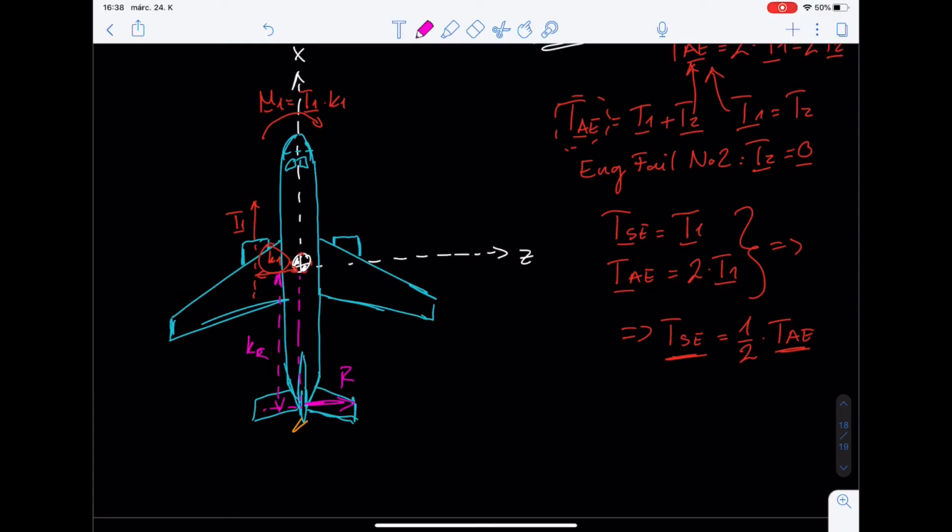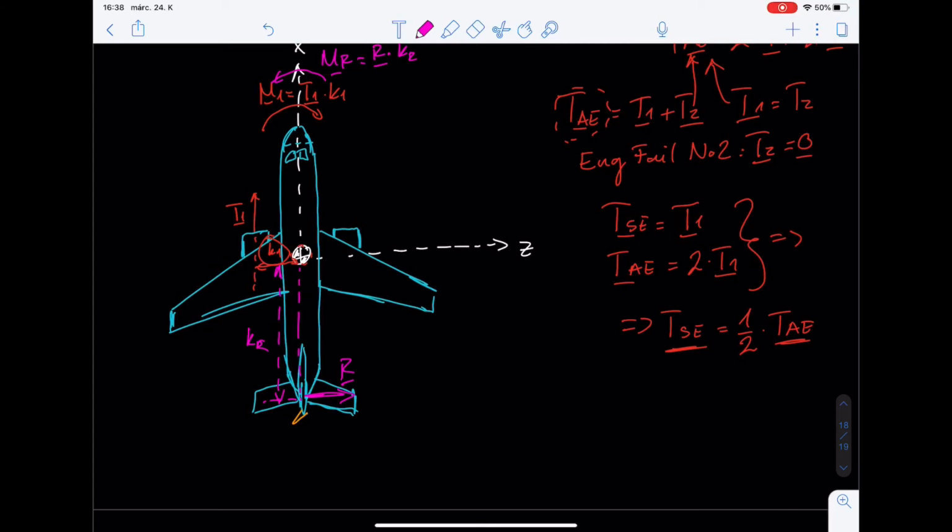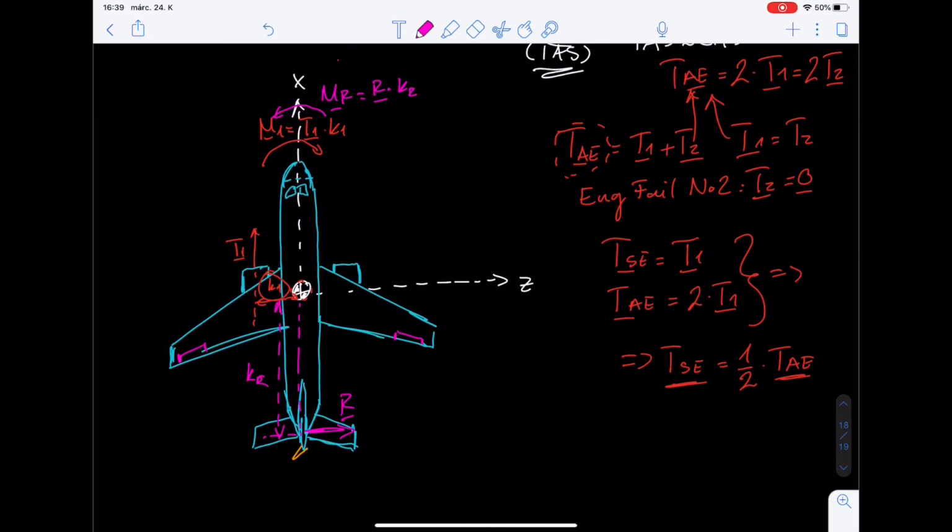So you generate a moment around the center of gravity, like MR, which is the rudder force times the KR, right? But with this, and also something else, you would also use the ailerons to bank the aircraft to the side of the dead engine to counteract this moment, basically this unequalized moment.